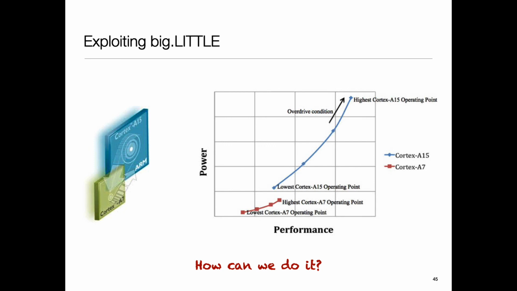I mean, the big guy had a higher baseline, right? So if I had a very low workload, the big guy would operate at its lowest operating point, but I'm going to be wasting a lot of power. Whereas a little guy lets me get there. So the idea being that at appropriate times, you transition between the little guy and the big guy.